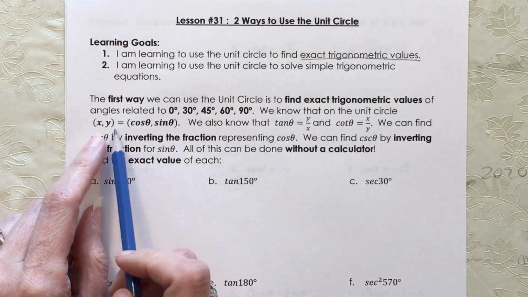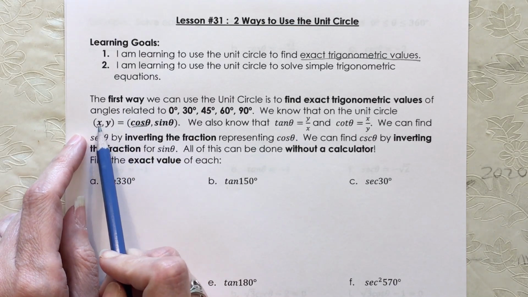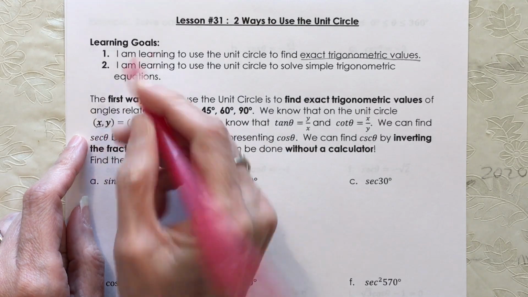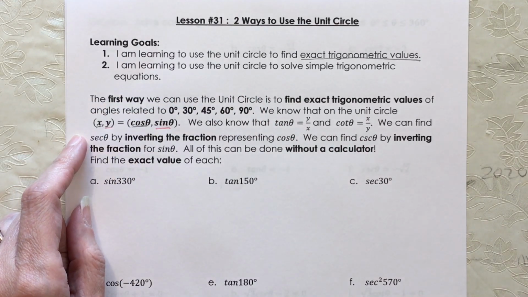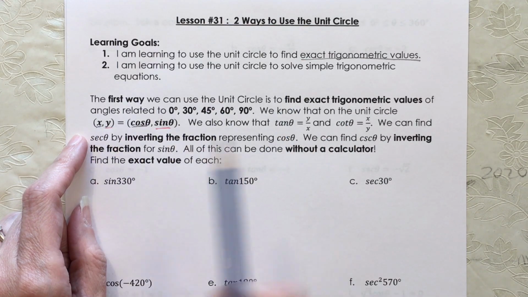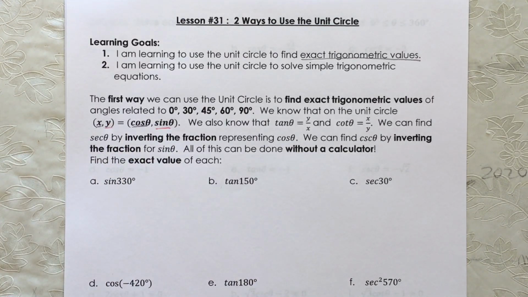And the x value represents the cosine of angle theta, and the y value represents the sine of angle theta. And again, we learned that that was because cosine is x over r, but on the unit circle r is 1, and sine is y over r. And on the unit circle r is 1.